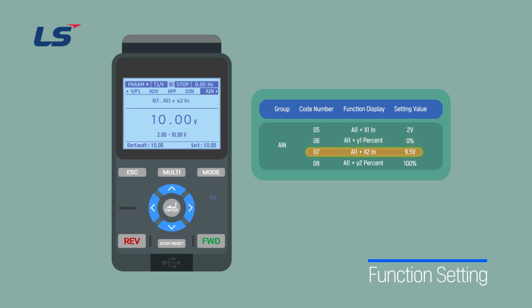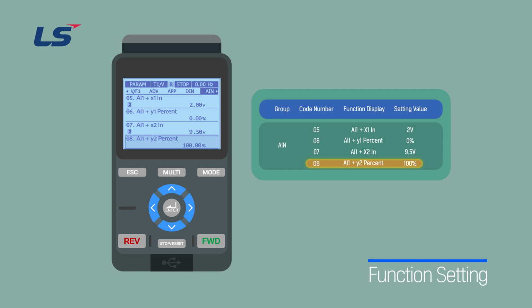Set the maximum input voltage at AIN group 7 to 9.5 volts, and set the corresponding input level at AIN group 8 to 100%. The frequency corresponding to 100% at AIN group 8 is the frequency set in DRV group 22, so please take note.